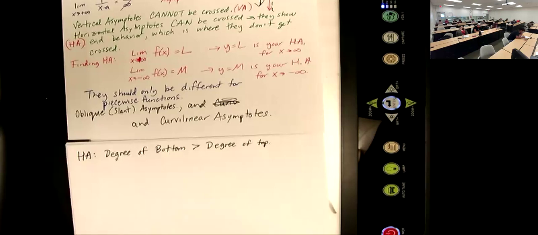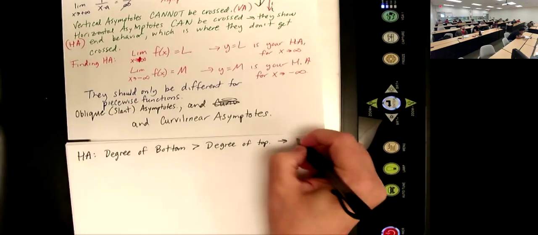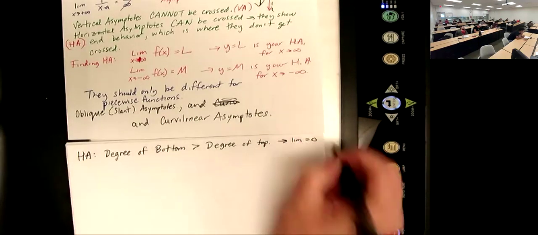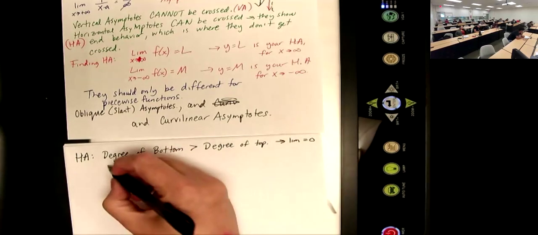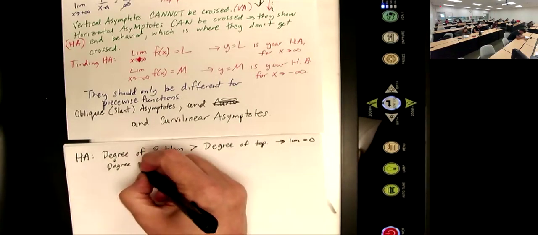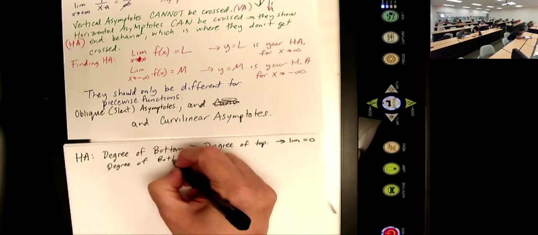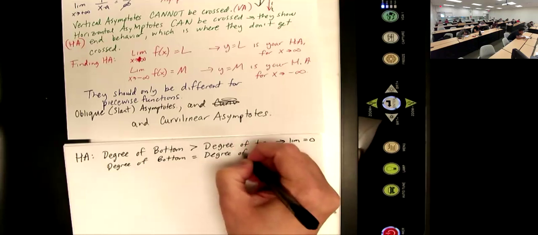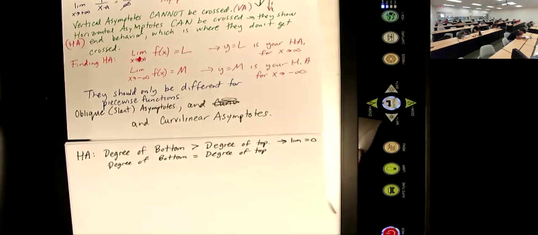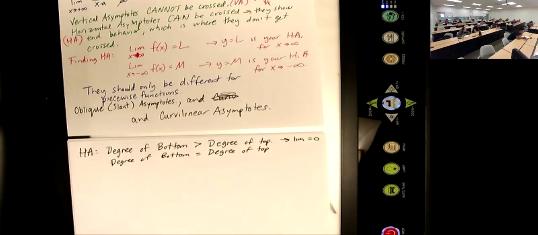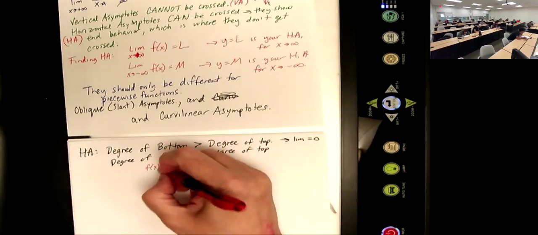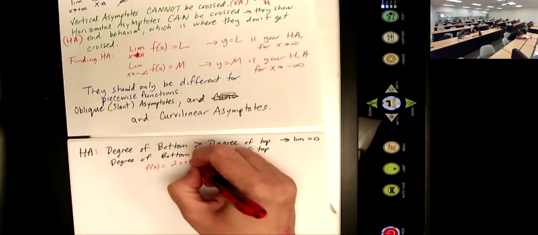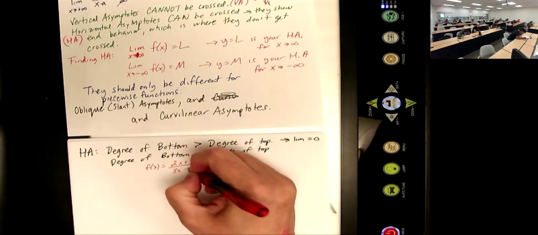Well, greater than or equal to. If it's greater than, your limit will be 0. If the degree of the bottom equals the top, for example, something like f of x equals 2x plus 3 over 3x minus 2.